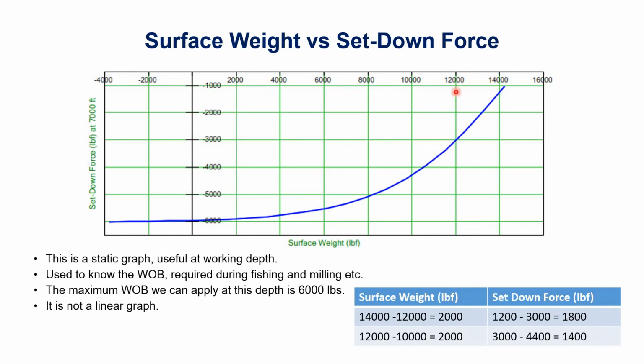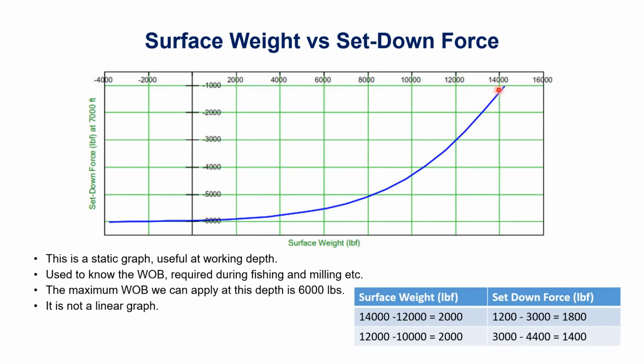Similarly, when our weight indicator reading decreases, it means we are putting weight on the bit. That's why it is an inverse chart: the surface weight decreases, and correspondingly the weight on bit increases. But the point to note in this graph is that it is not a linear graph.